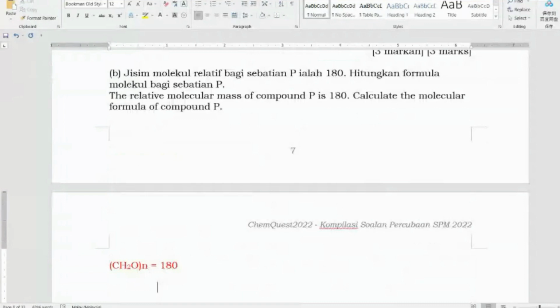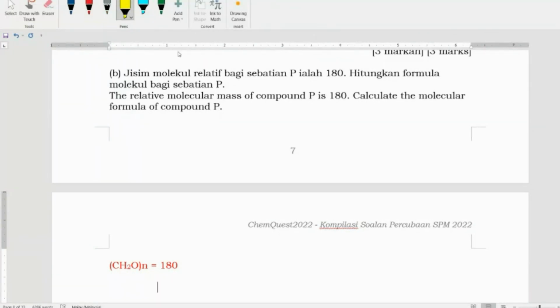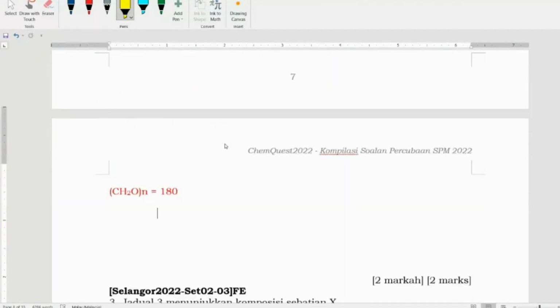Okay. So given to you, the relative molecular mass is 180. So class, 180 is the total, the exact one, because molecular mass is the total one. So we can use the formula like this.